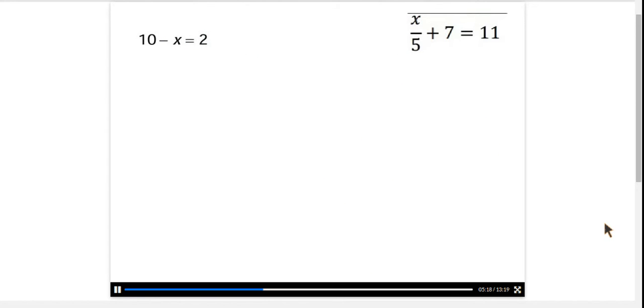All right, next problem. 10 minus some number is equal to 2. And you're probably already saying, oh, wait, I know. 10 minus 8 is equal to 2. Well, let's check that out. I need to get all my numbers on one side.